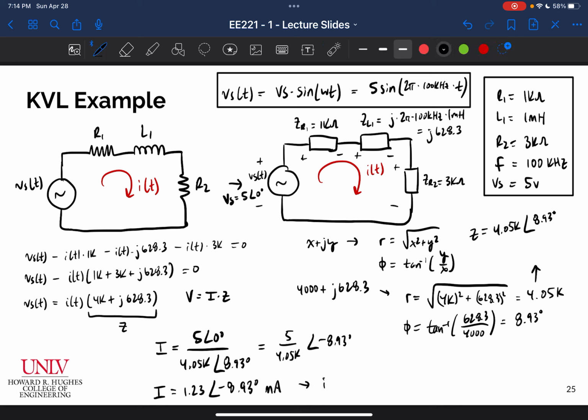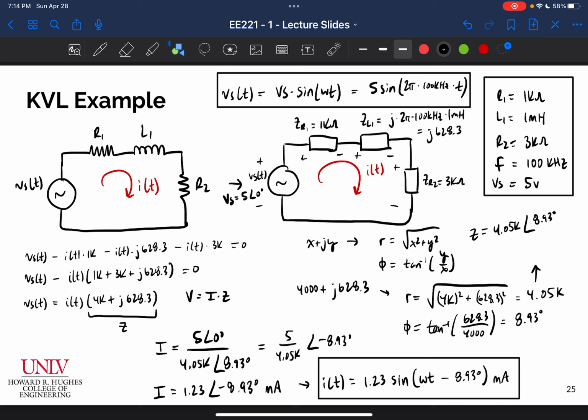So I of t is going to be 1.23 times the sine of omega t, minus 8.93 degrees, in milliamps. That would be the answer to this problem. Find I of t. That is the solution.